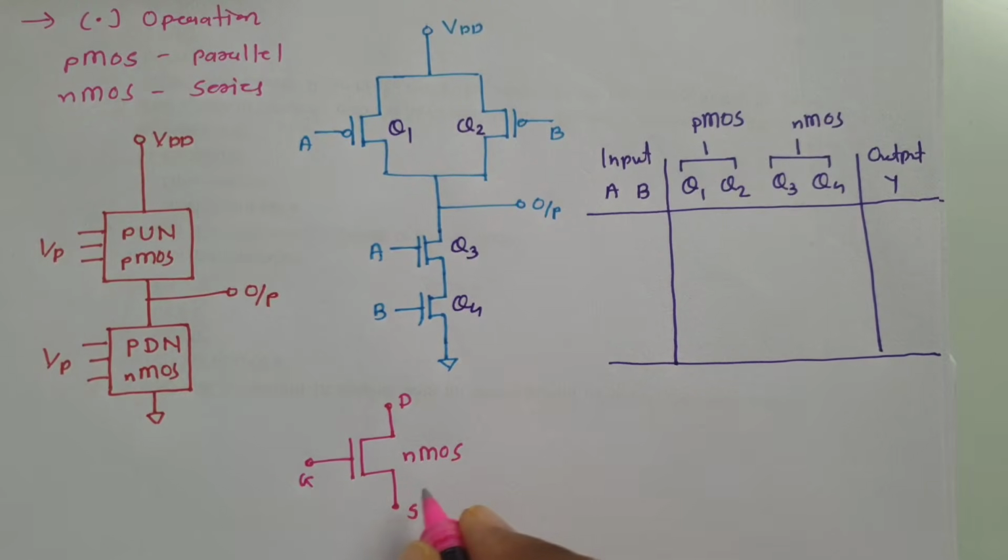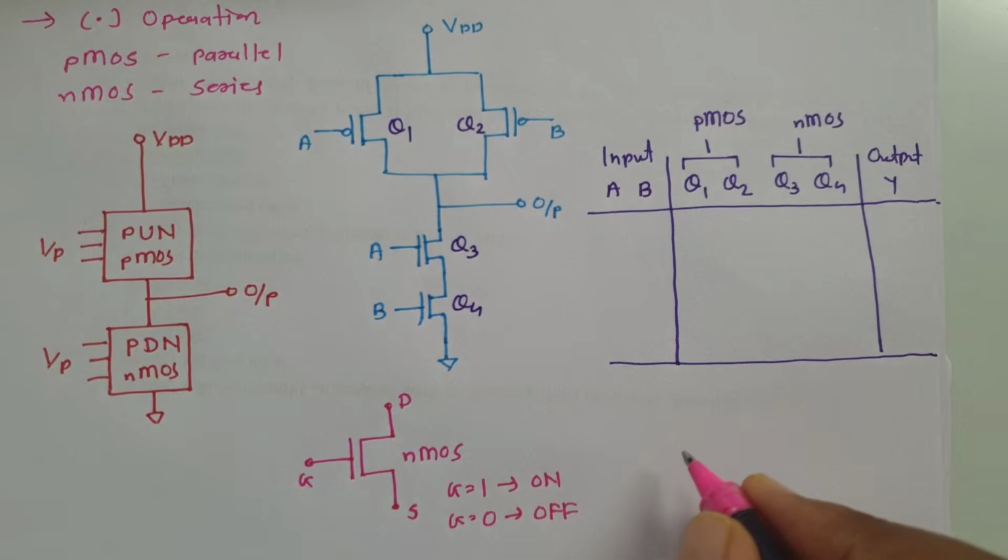Now in this, if my input is logic 1, means if G is equal to 1, this NMOS will be on, and if this gate is at logic 0, we can say this NMOS will be off.